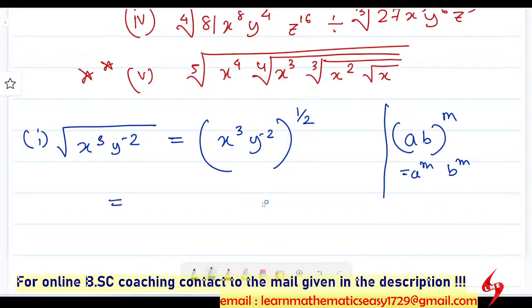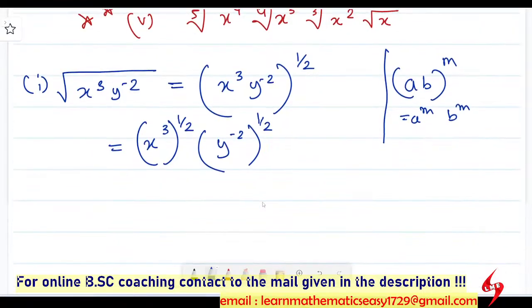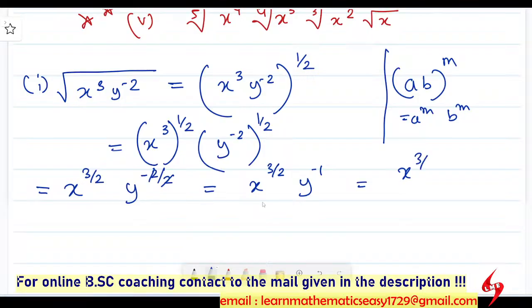So here the half power will be distributed like this: x to the power 3 by 2, y to the power minus 2 by 2. So that will be minus 1. So x to the power 3 by 2, y to the power minus 1. So x to the power 3 by 2 and y. Okay, this is my answer.